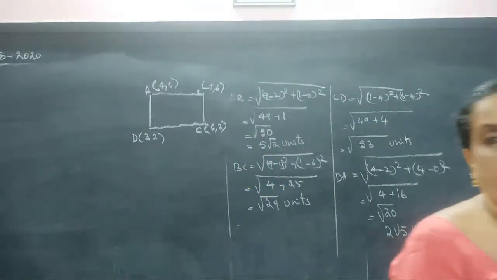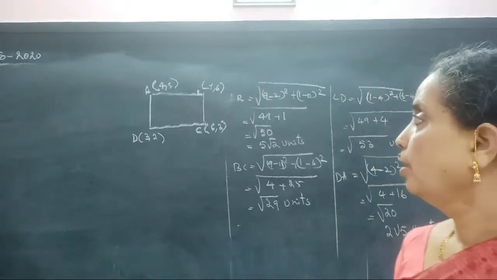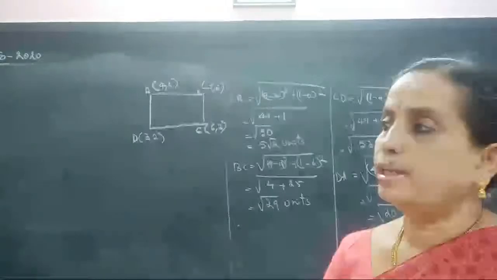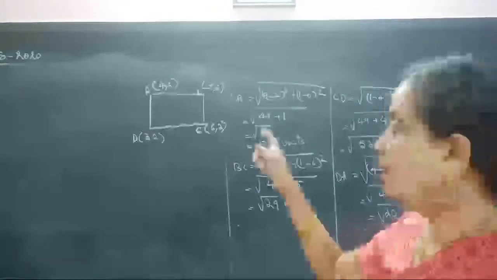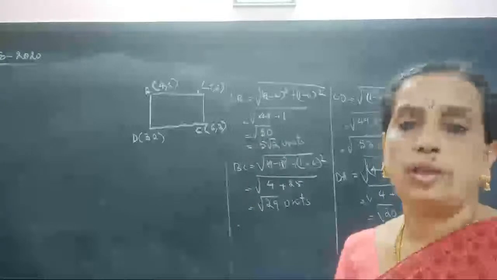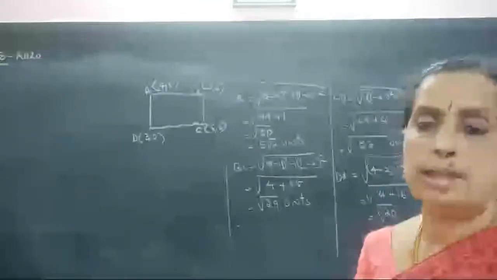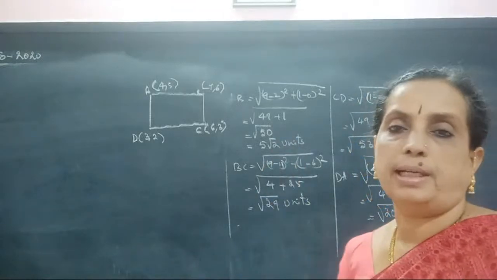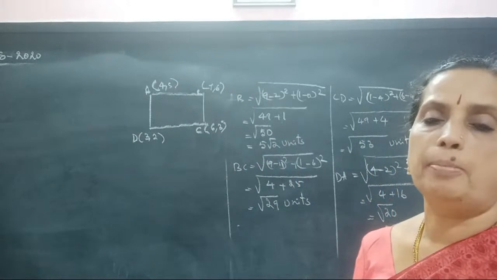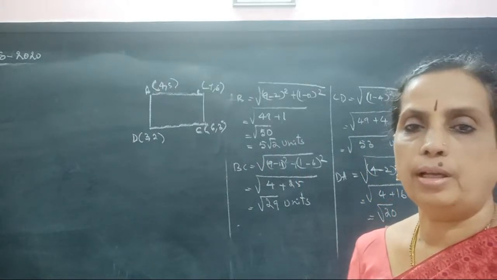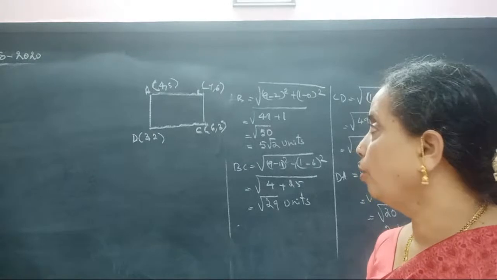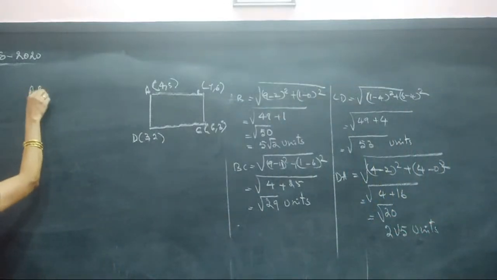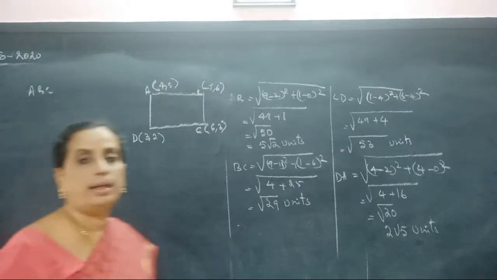First find out whether opposite sides are equal. Only then is it a rectangle if you also show the diagonals are equal. Otherwise, it is a parallelogram. Or you can show the diagonals bisect each other using the midpoint formula. Okay? Yes, try to find out the AB distance. AB equals, what will you get?